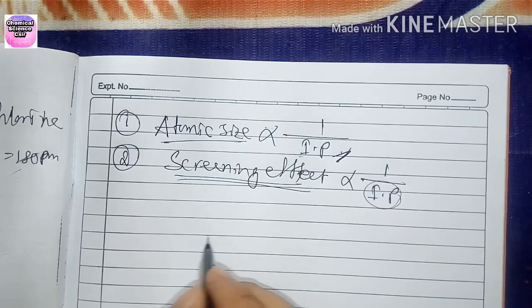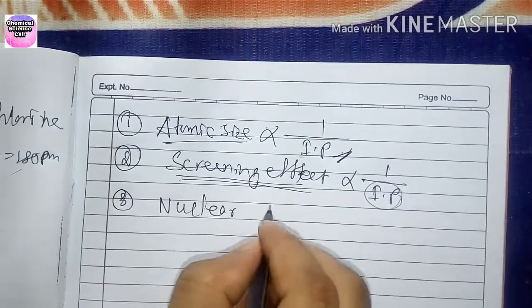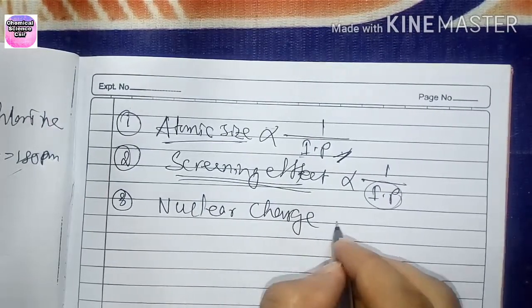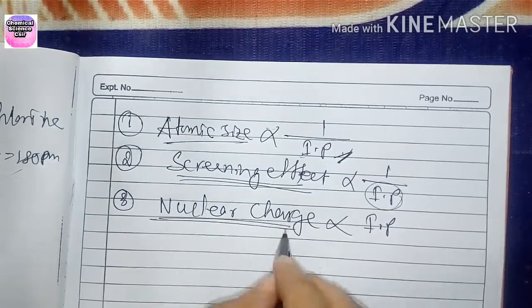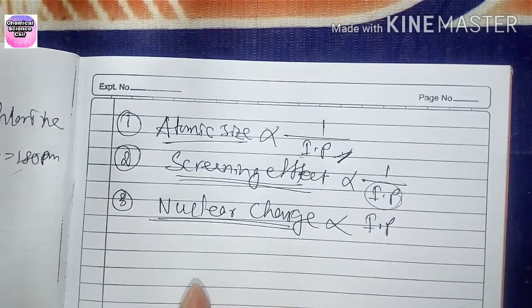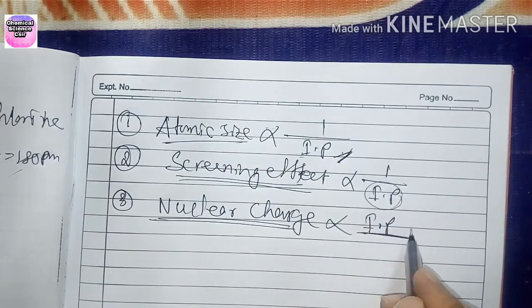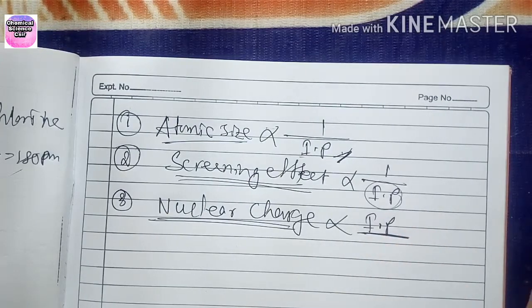Next, number 3: nuclear charge. The nuclear charge is directly proportional to IP. If the nuclear charge, the proton charge, is maximum, then IP is also maximum, that means ionization potential or ionization enthalpy is also maximum.